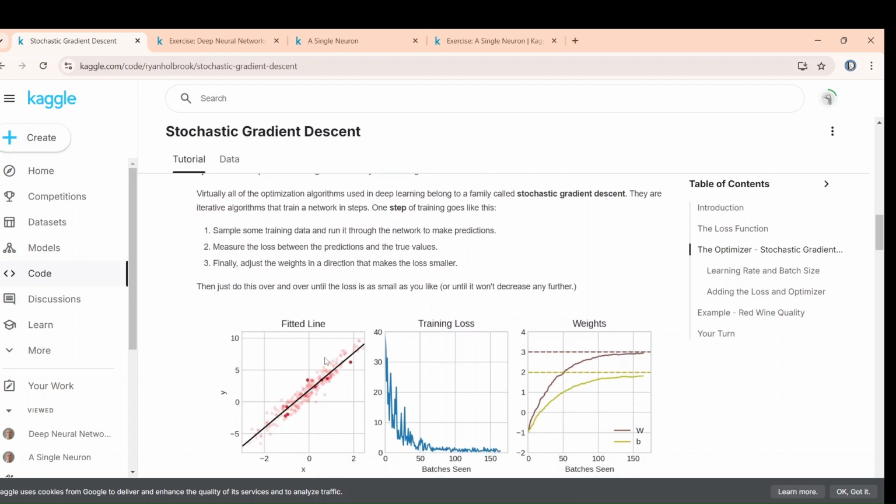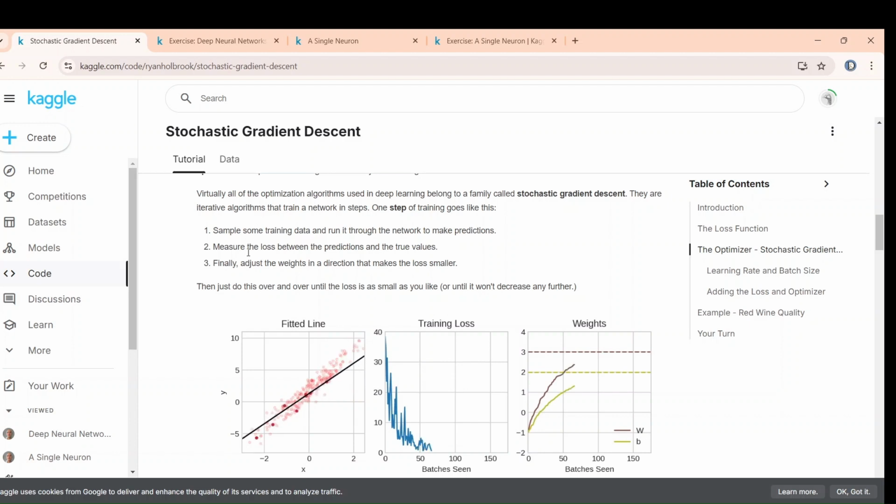Just take some data by sampling. I hope you know what sampling is. It means you are just selecting some from the population. You have 100 people, but you are taking 3 people. That is sampling. So you are taking some training data from the complete data set, and running it through the network to make predictions.